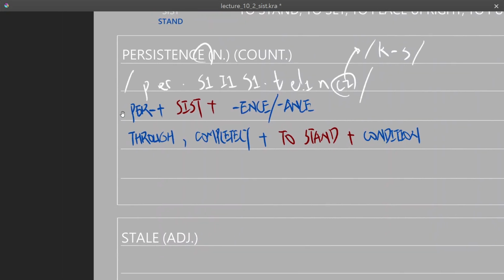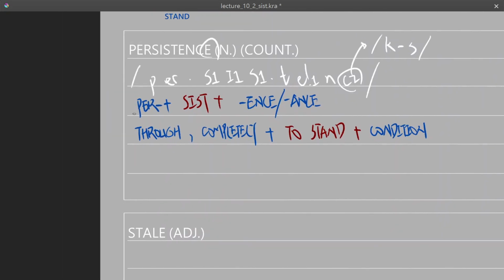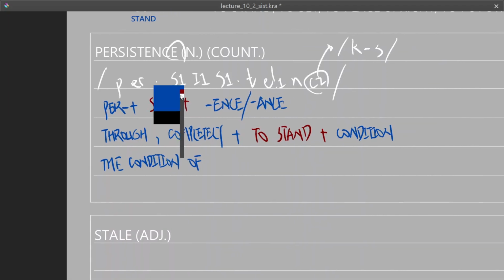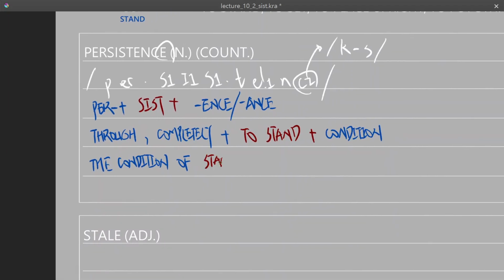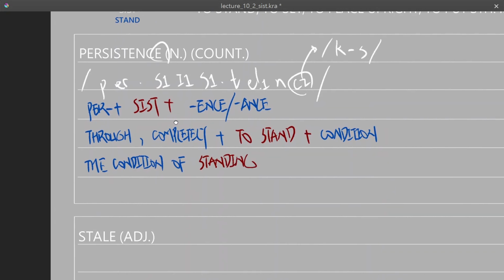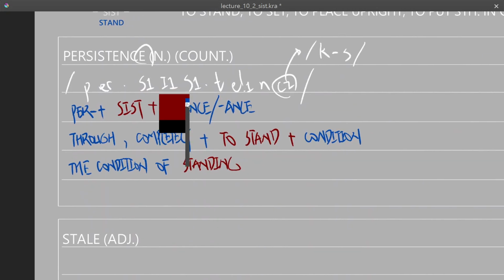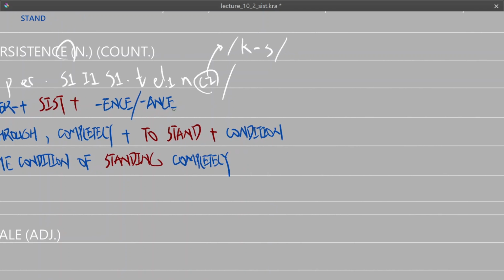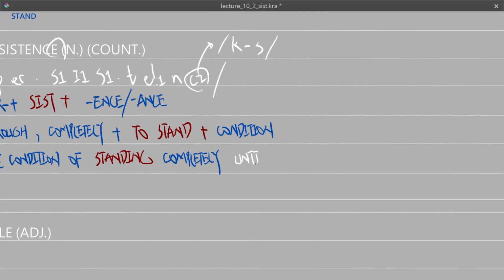So persistence literally means the condition of standing completely until the end.